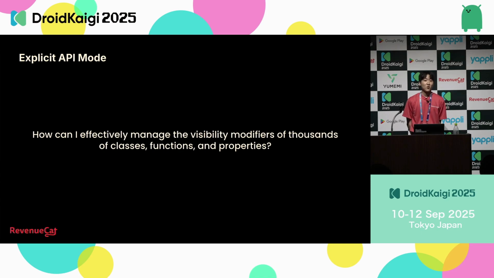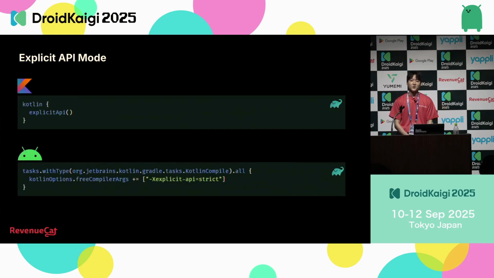So now you must be wondering, is it really possible to manage the entire visibility modifiers for thousands, tens of thousands of your classes, methods, and properties in the whole project? You can manage them easily by enabling the explicit API mode, which is provided by the Kotlin compiler.